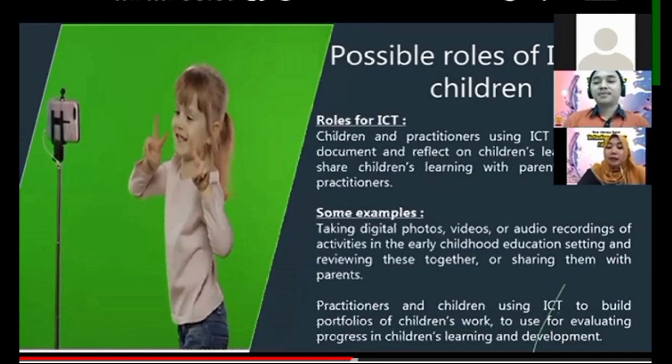Some example activities are taking digital photos, videos like vlogging, and audio recording of activities in the early childhood education setting, and reviewing these together or sharing them with parents. Practitioners and children also use ICT to build portfolios of children's work to evaluate progress in children's learning and development. This is the second example if we want to apply ICT for children.